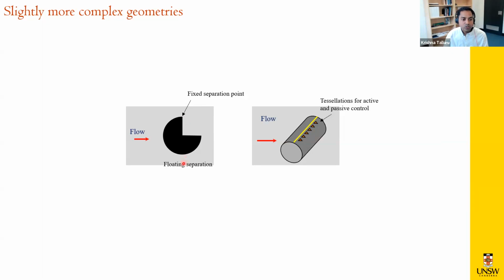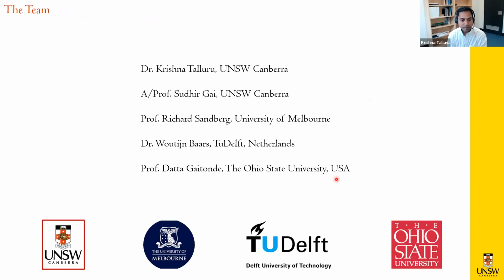But with this, you can introduce asymmetry, as well as rotate this object and create the Pac-Man at different angles of attack. We also want to try out, once we understand the origins of these oscillations, both passive as well as active control schemes, and try to mitigate or at least reduce the strength of these oscillations.